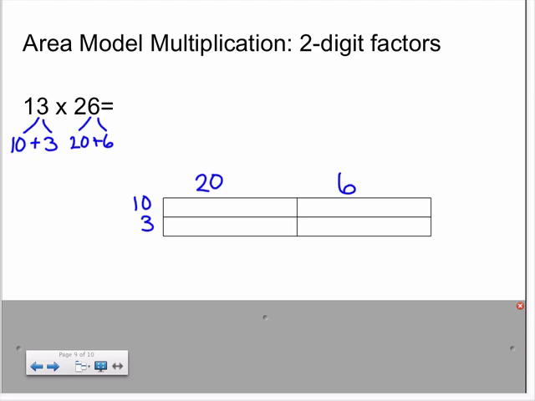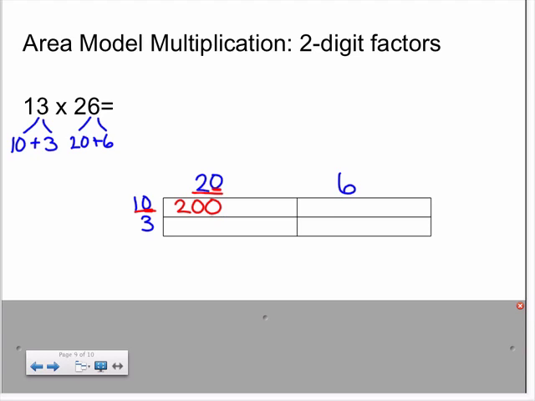Let's start first by multiplying 20 times 10. Anytime we multiply a number by 10, all we have to do for a shortcut is to add 1 0 to the number. Because we know that 2 times 1 is 2, I can then add the 0 from 20 and the 0 from 10 to come up with the answer of 200.